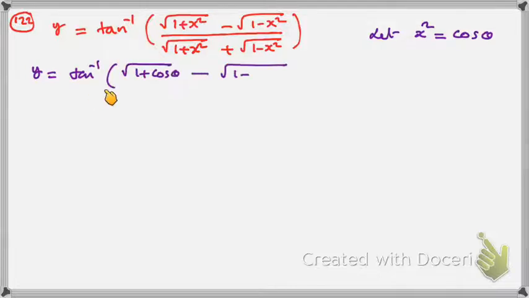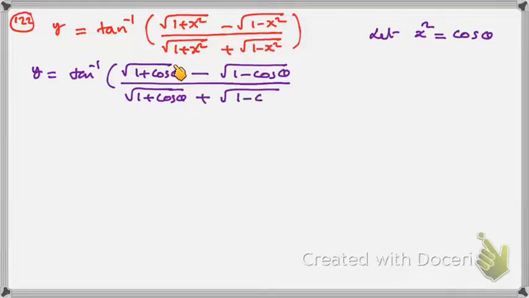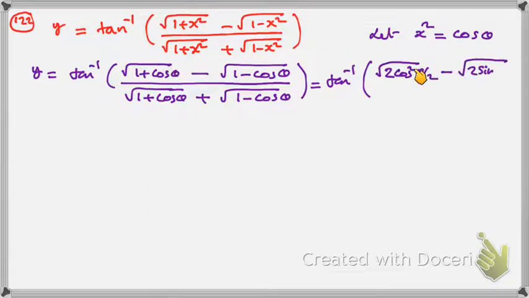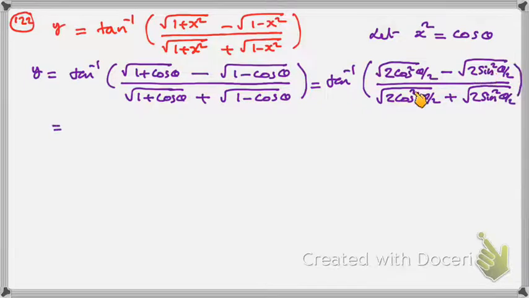I'll get tan inverse of root of 1 plus cos theta minus root of 1 minus cos theta, divided by, even in the denominator, we replace x square by cos theta. Now we have the half angle formula: 1 plus cos theta becomes 2 cos square theta by 2 and 1 minus cos theta becomes 2 sine square theta by 2 in both numerator and denominator.